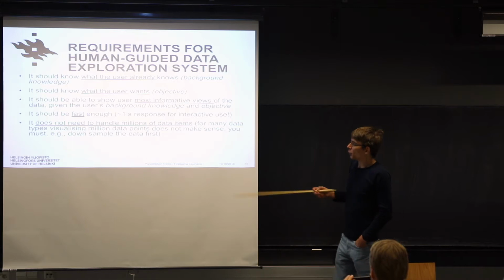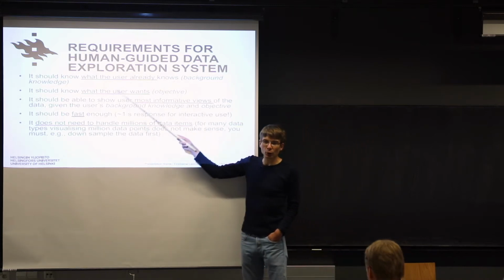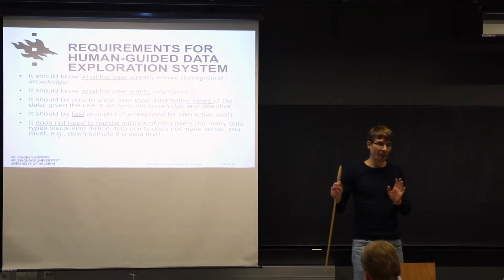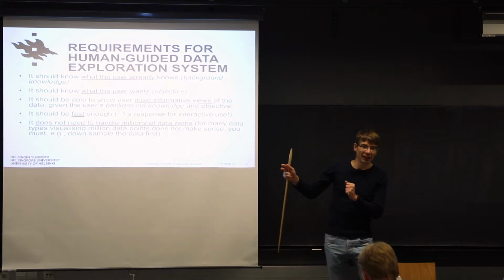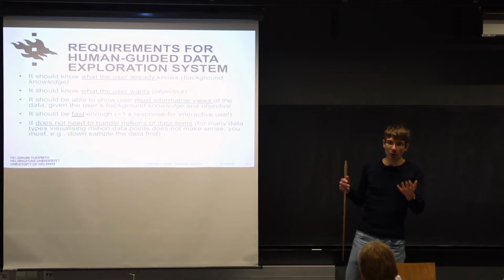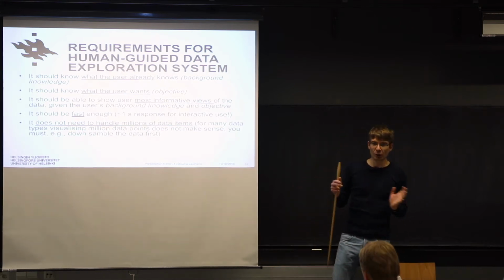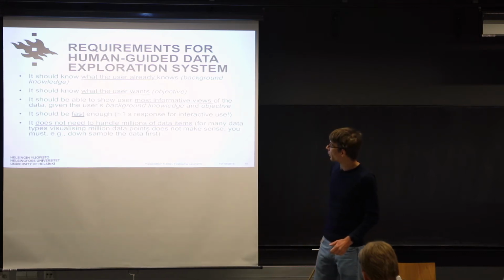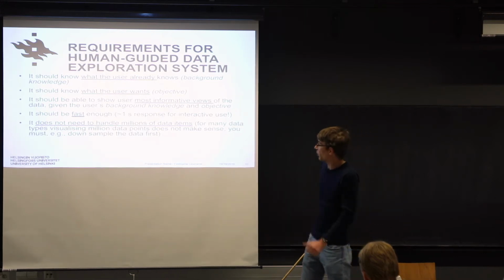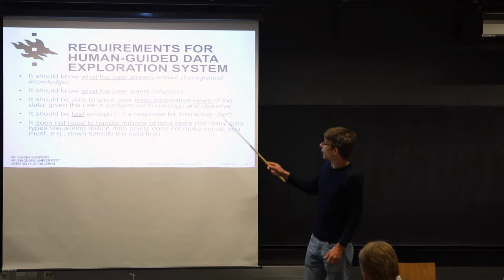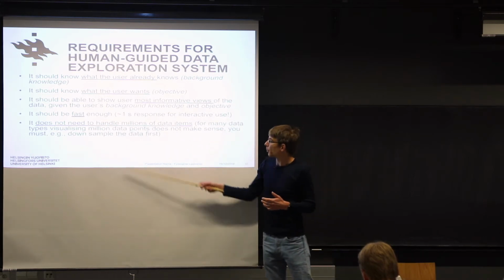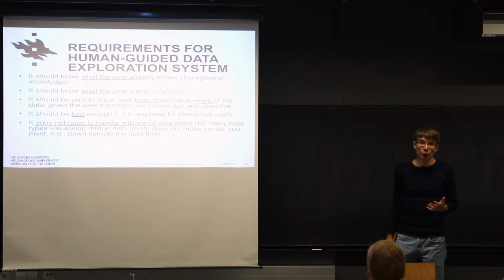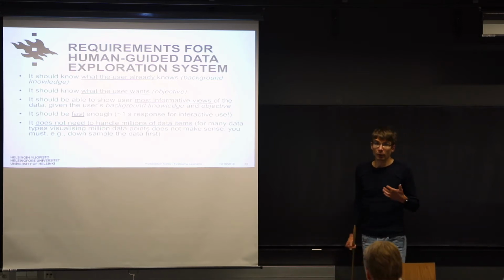And also it should know something about what you want to know, because many data sets are so complex that you don't know most of the things, and if you just show a person things that he or she doesn't know, then it's quite a long process. It will take more than a couple of weeks for big genetics data, for example, I would imagine. And then it should be able to show the user informative views of the data.